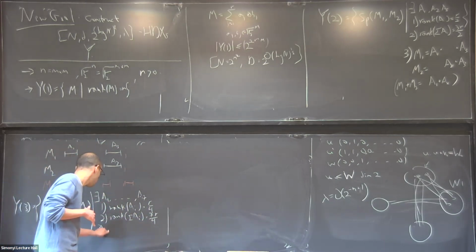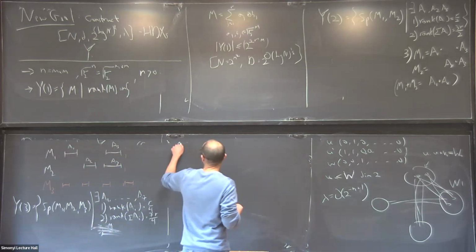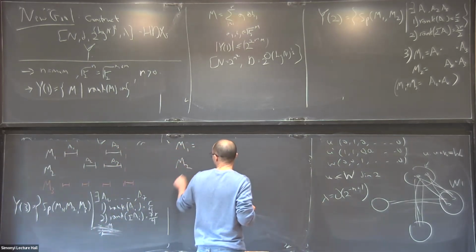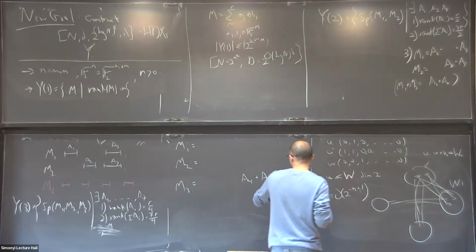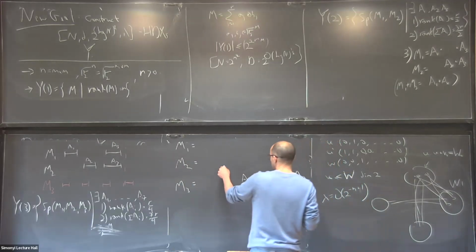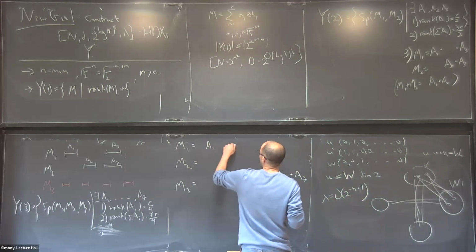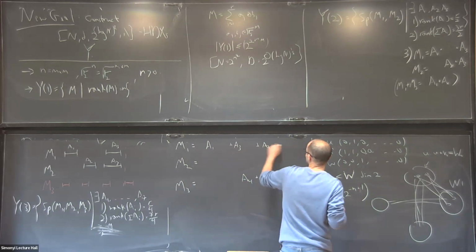And so now I want, maybe I'll write this in a new line. Now I want M1, M2, and M3 to have the corresponding A's, so that every linear combination will contain exactly 4 of them. So I think here I need 1, 3, 5, and 7.